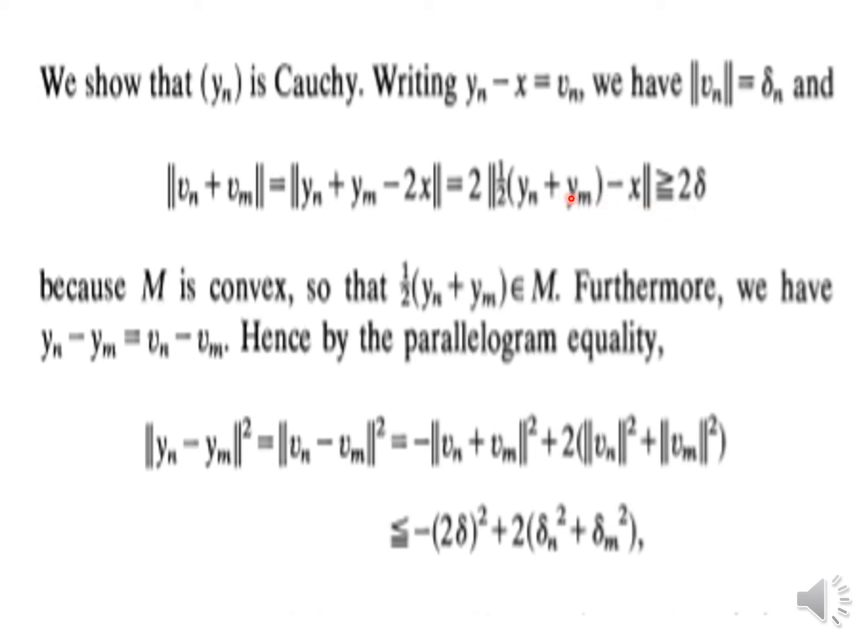We know this because M is convex, so 1/2 (yn plus ym) also belongs to M: yn and ym belong to M, their sum belongs to M, and multiplying by the constant 1/2 it also belongs to M.